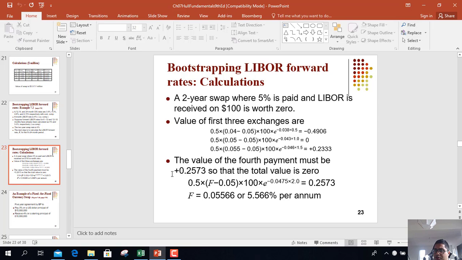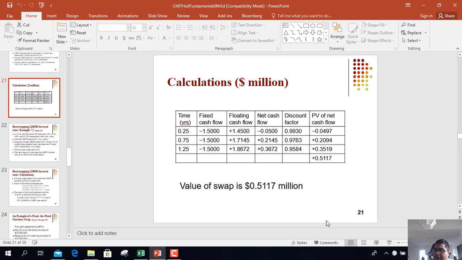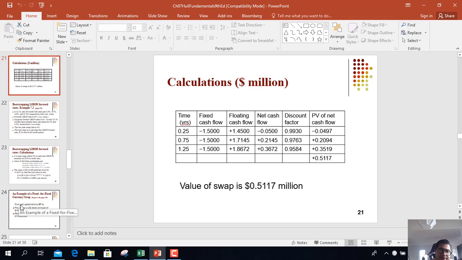The fourth value must be such that the total value is the same, zero. So you put it in the equation and try to find the LIBOR rate. If LIBOR rates are not given, you can reverse calculate this mechanism to find the LIBOR rate in this period. So that is bootstrapping.